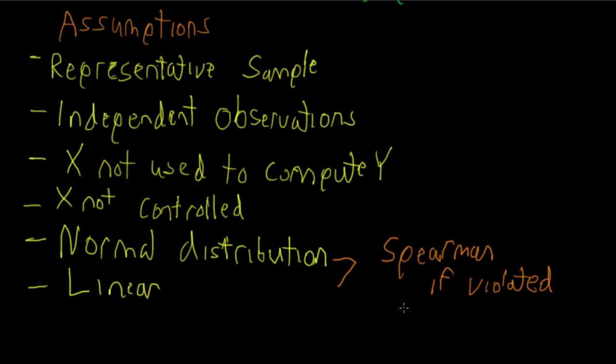What this does is it ranks the values and then correlates the ranks of the values together. Now, if the linear assumption is violated and we use Spearman rank, the relationship still needs to be monotonic, which means that the values are always increasing or decreasing.